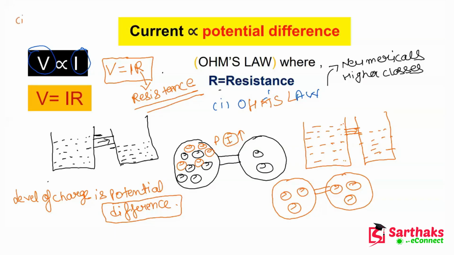First, current depends on V, where V means potential difference. And current also depends on R, where R means resistance. So I hope guys you got my point. Now let's move on to the next slide.